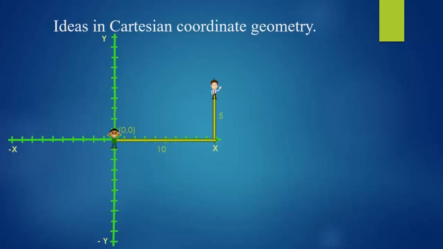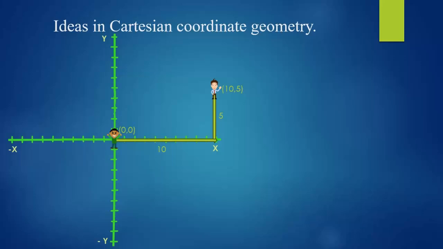Okay, so 0, 0 denotes the origin of this coordinate system. The first 0 is for movement along the x-axis, whereas the second 0 is for movement along the y-axis. Since both the movements at the origin are 0, it is denoted by 0, 0.